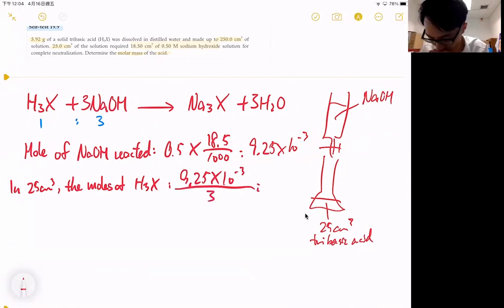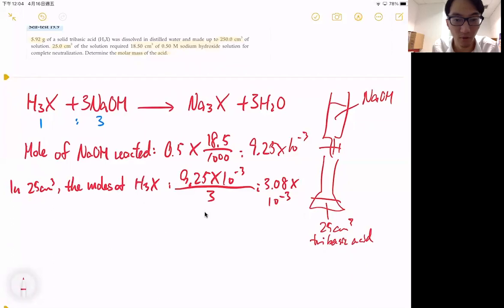And you will get 3.08 times 10 to the power of negative 3. So you get the number of moles of the acid inside 25 cm³.